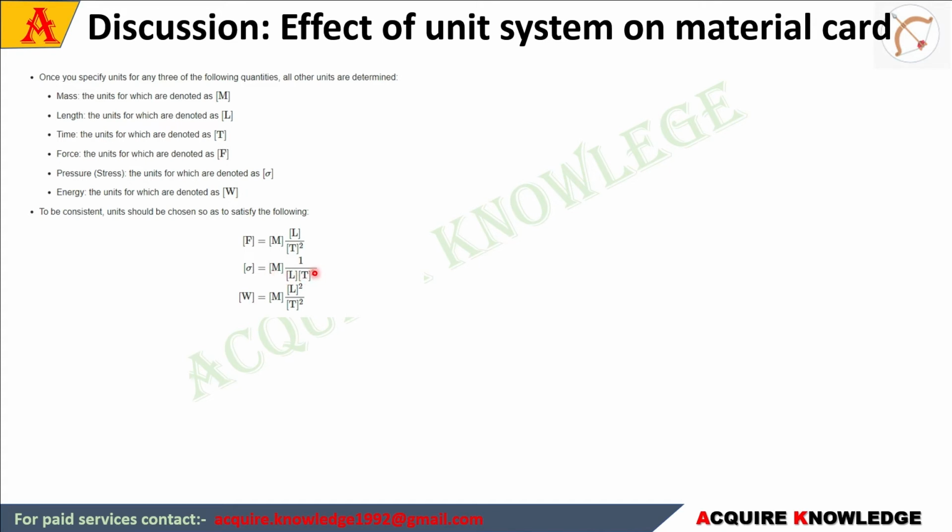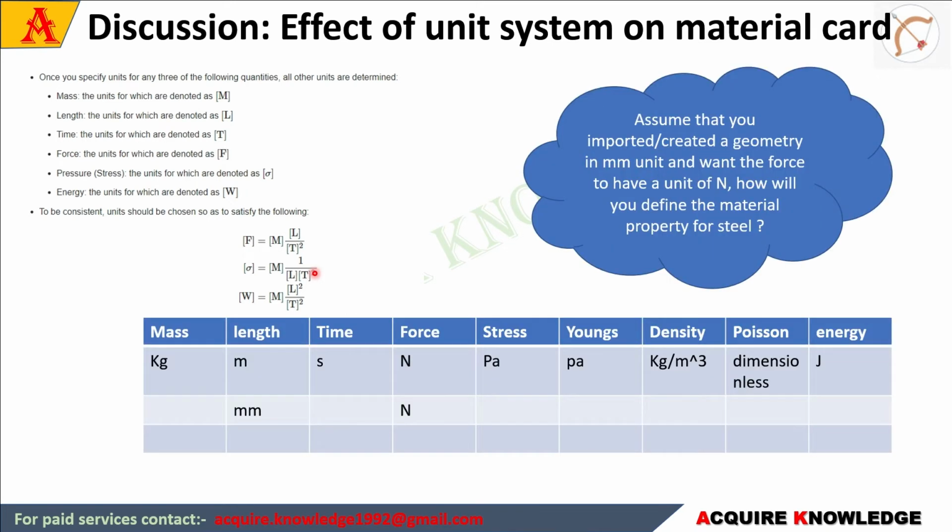Now to understand this properly, let's take an example in which the CAD that is supplied to us, or the CAD that we created, is in a unit system, and the decision is made to fix the unit of force as Newton. It means that we are fixing two of the quantities, length and Newton.